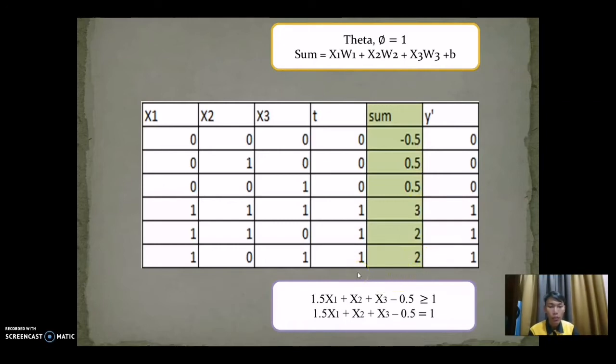So we get 1.5 x1 plus x2 plus x3 minus 0.5 is bigger than or the same as 1. For the second one, 1.5 x1 plus x2 plus x3 minus 0.5 is equal to 1.